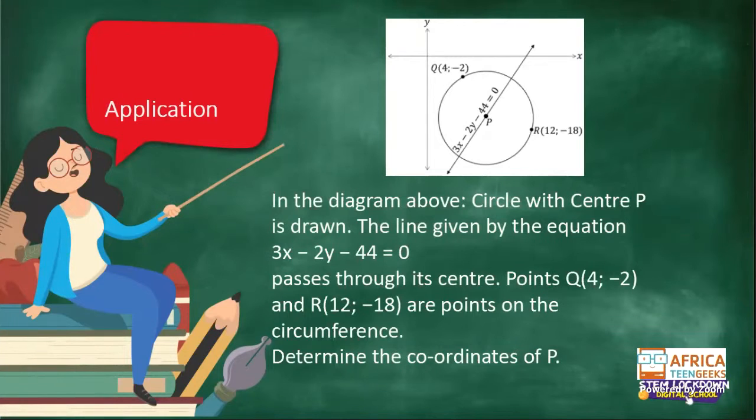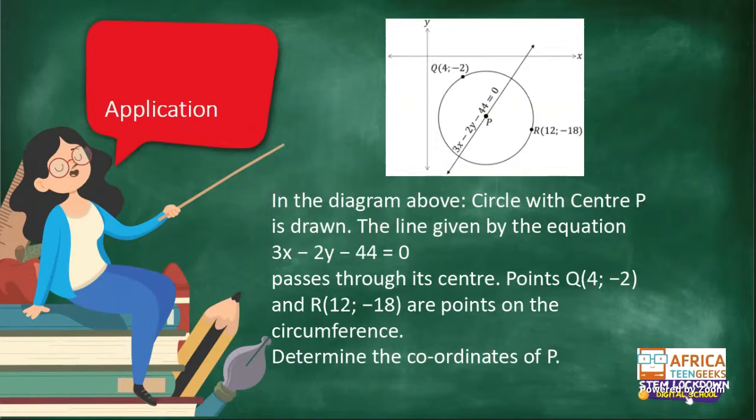So in here we have our Cartesian plane XY, we have a circle, and we have the points along the circle. And the question was for us to determine the coordinate of P, knowing the equation 3x minus 2y minus 44, and you were given the coordinate of the point Q, which are 4, -2, and R, which are 12, -18.